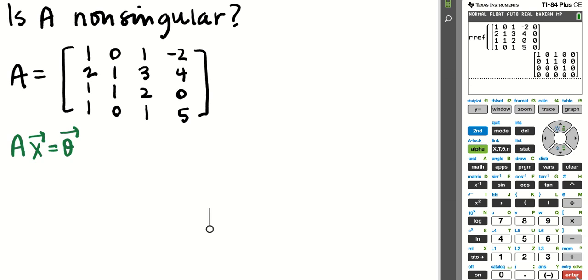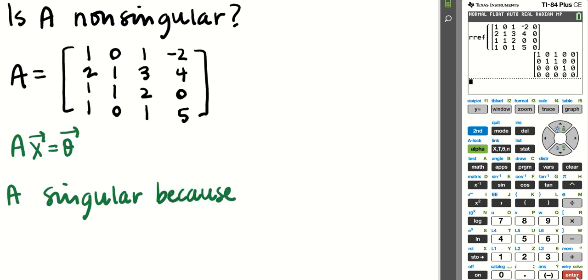Okay, so I'm going to say A is singular because, let's see, if x1 plus x3 equals 0, so x1 equals negative x3, and x2 equals negative x3, and x4 needs to be equal to 0.